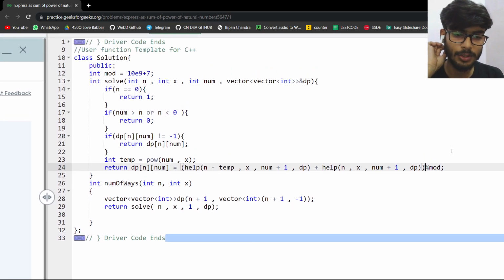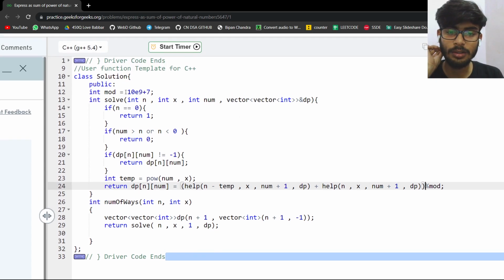Simply no issues with that. We have assigned this value to dp num, and all the things seem correct to me.